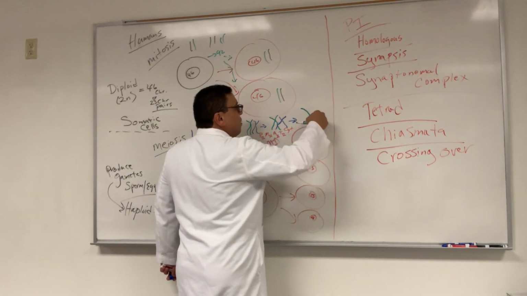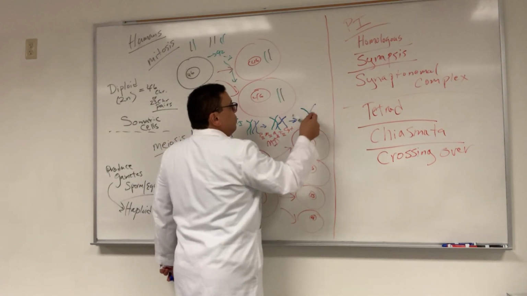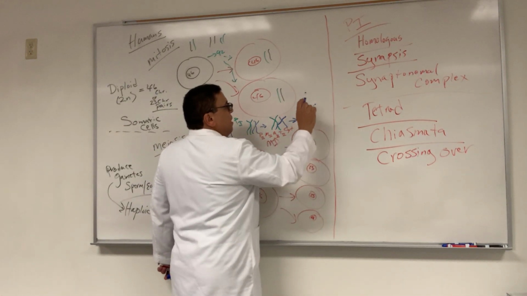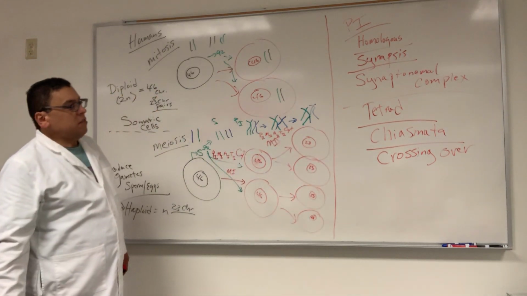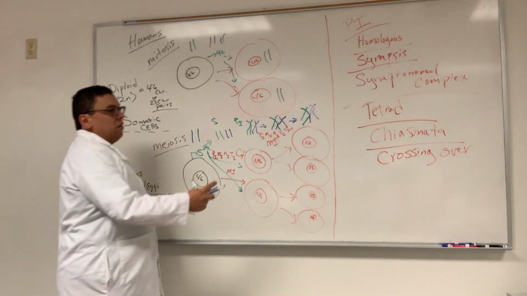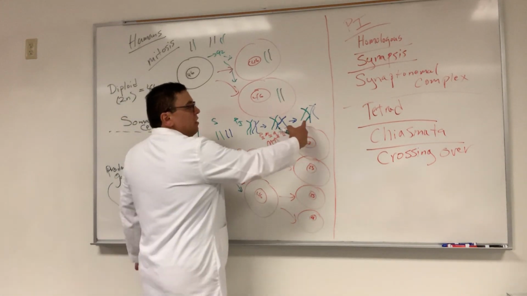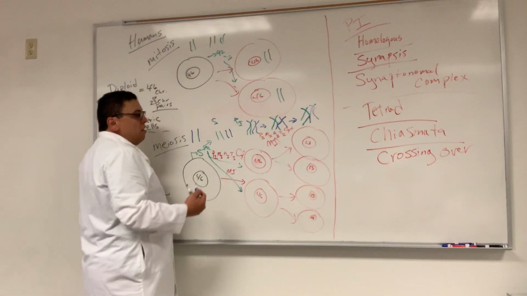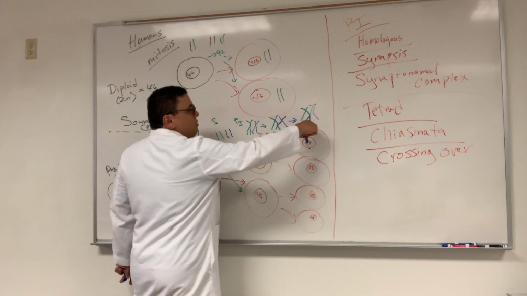Green, partly blue, blue, partly green, and then another green one and another blue one. See that? That's the crossover. That's equivalent to me taking a piece of my finger and exchanging it there. In metaphase 1, that's what's lining up. The crossed over tetrads.